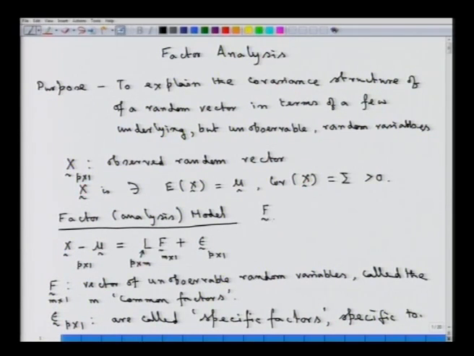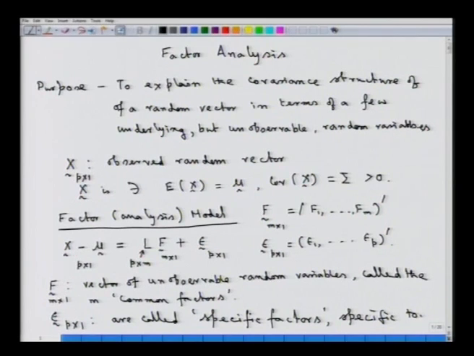It's better to write it: this F, m by 1, is the vector f1, f2, up to fm transpose, and this epsilon is the specific factor vector, which has p components: epsilon 1, epsilon 2, up to epsilon p, right.